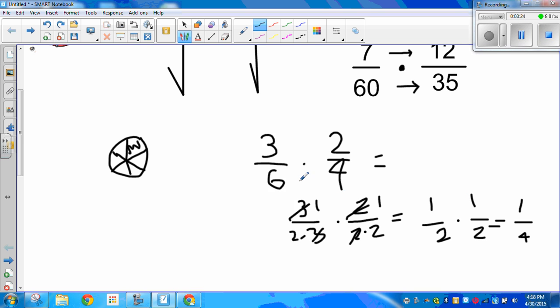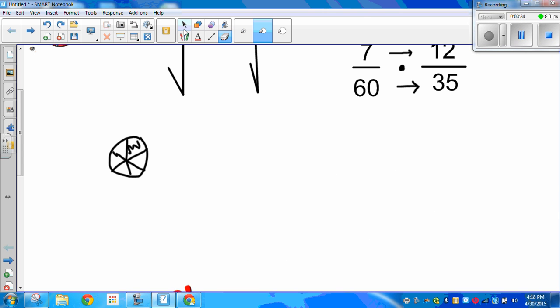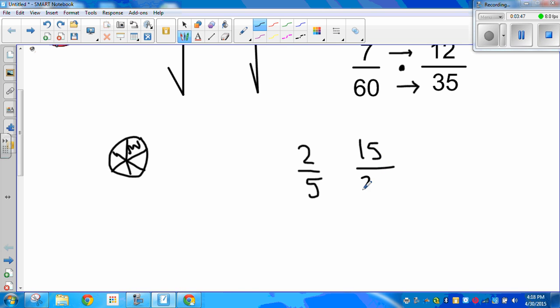Now sometimes we might want to cancel things not necessarily under the same fraction. Let me show you a quick example of that. Let's say we had 2/5 and 15/20. Getting a little more challenging now. But 2/5 of 15/20 is not so bad because we know that we can simplify this fraction on the right into 3 times 5.